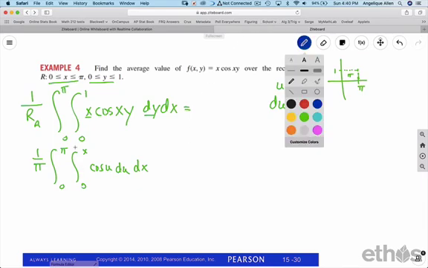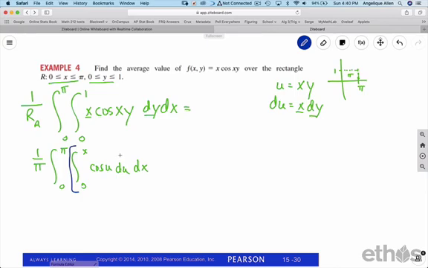So I'm focusing on this integration. And I did my u substitution so I could calculate that integral. Okay. So just bringing the rest along for the ride. I'm going to have the integral of cosine of u is sine of u.